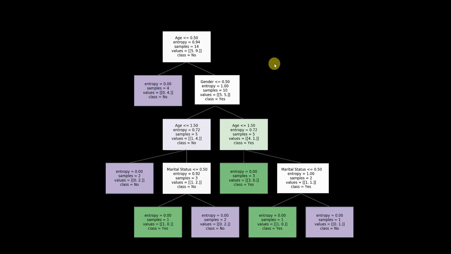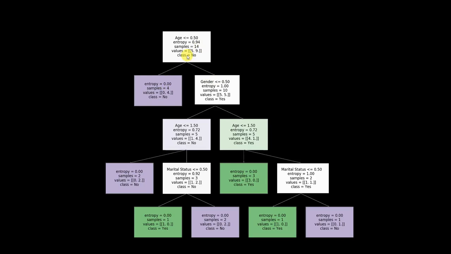The first node can be termed a decision node as well. Why? Because on each node we have to make a decision, or a question is asked, and the answer to the question is either yes or no, so it splits into two possibilities.